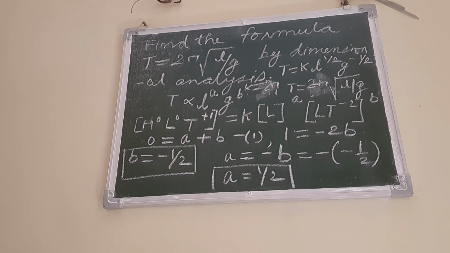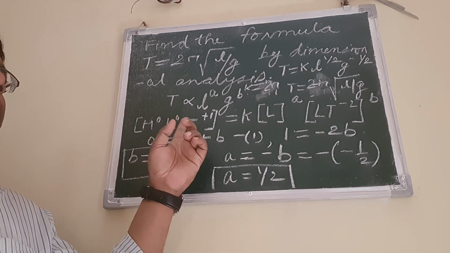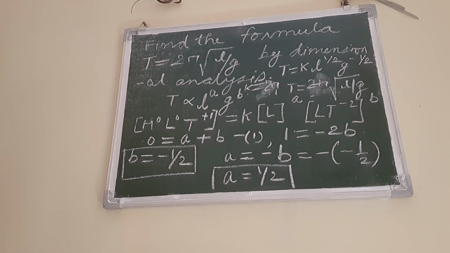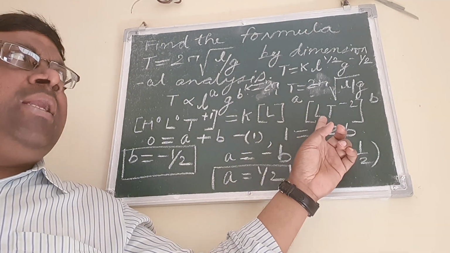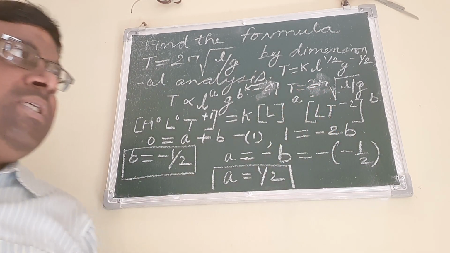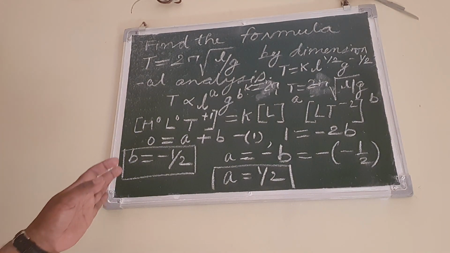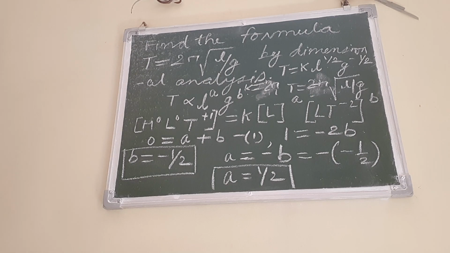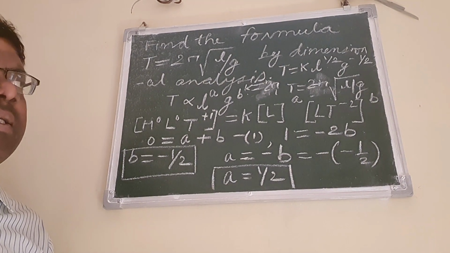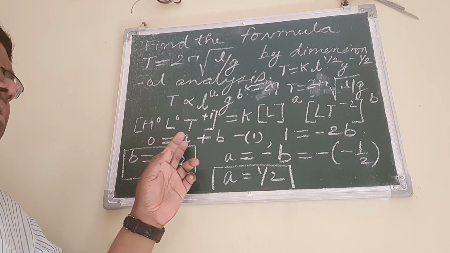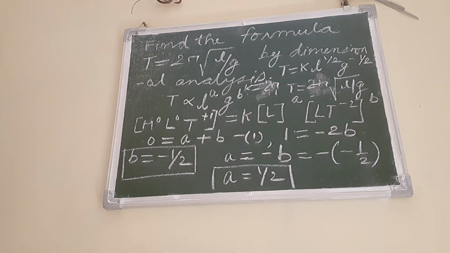So T is directly proportional to L raised to power A, G raised to power B. Writing it in terms of dimensions, M raised to power 0, L raised to power 0, T raised to power 1 is equal to K, a constant, L raised to power A, and the dimensions of G, LT raised to power minus 2, whole raised to power B. So comparing the powers of L and T on both sides, 0 is equal to A plus B. This is our first equation.